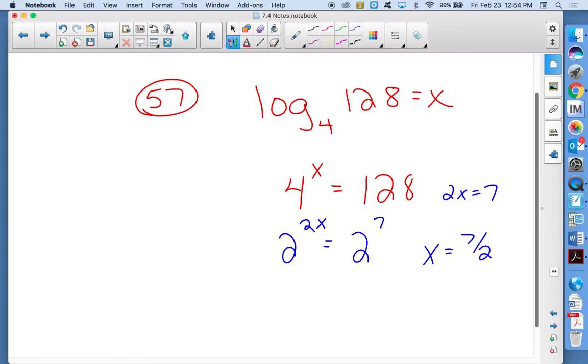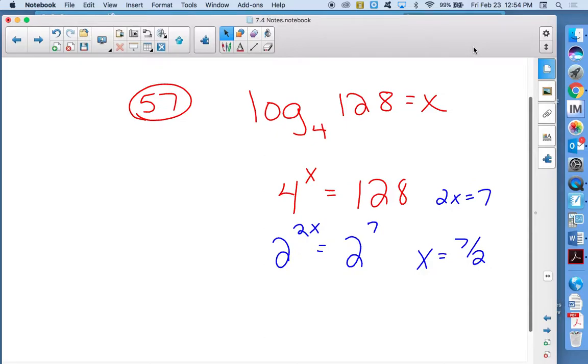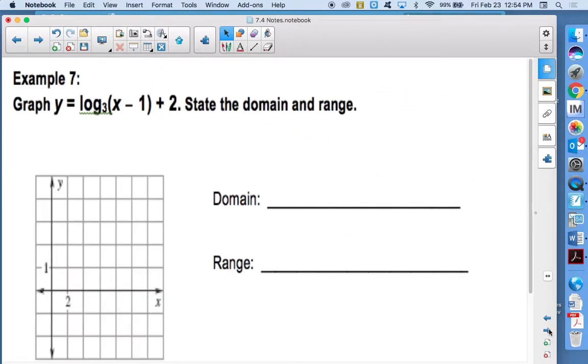Alright, so in your notes packet, if you could turn to page 17. Who's Cassie? Right now, I just don't understand. You check my homework?